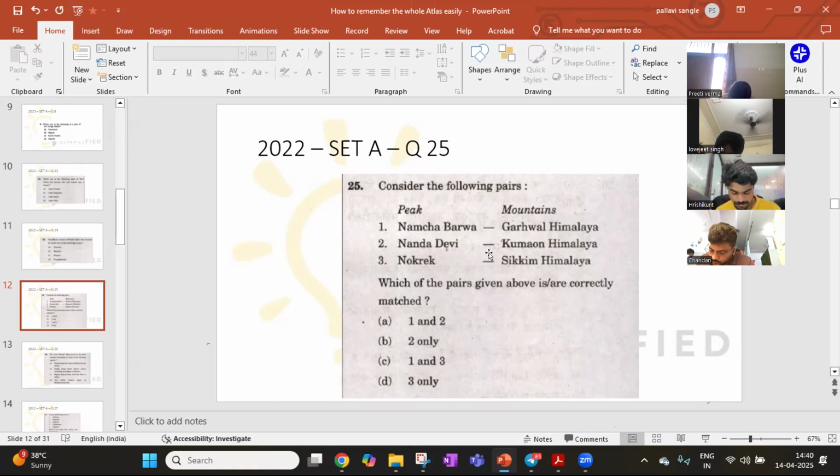Then you have the 10-degree channel, a 2014 question. You can see the PYQ. Then we have Car Nicobar, Little Nicobar, Great Nicobar, and then Indira Point. Done?